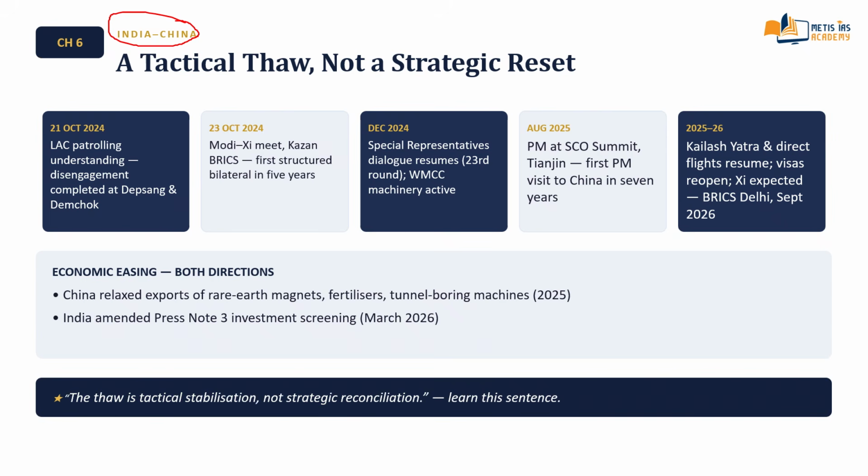Having understood India's relationship with Bangladesh and Pakistan, let us now examine one of the most significant relationships in India's foreign policy, that is India and China. No bilateral relationship influences India's strategic environment as profoundly as this one.